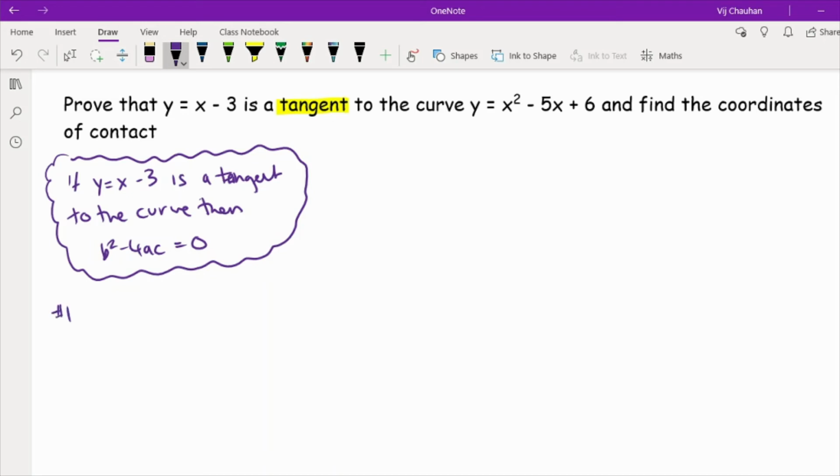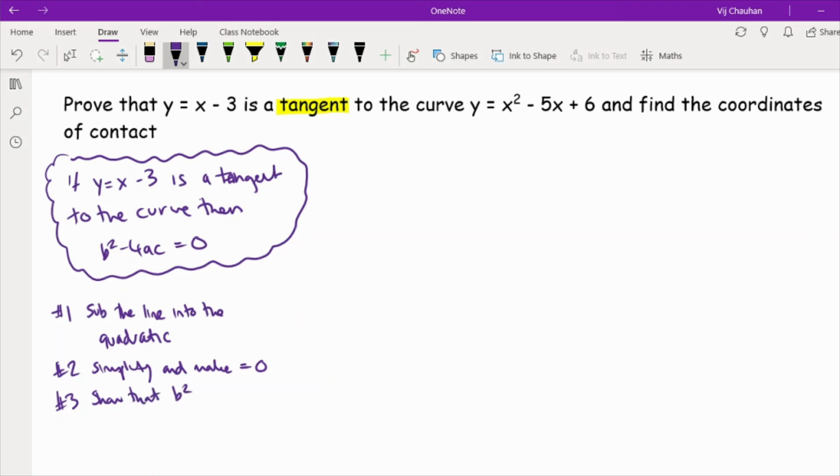So in terms of the steps, what we're going to do is we sub the line into the quadratic, and then simplify and make equal to 0, and then for our final step, show that b squared minus 4ac is equal to 0.